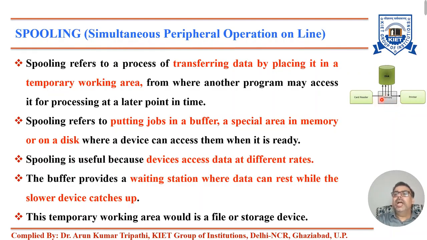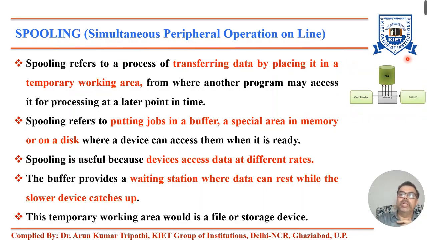So it is better that after processing, the CPU stores the data back to the hard disk, and then generates an interrupt to the printer for printing the output. This overcomes the speed mismatch of the card reader, the CPU and the printer.